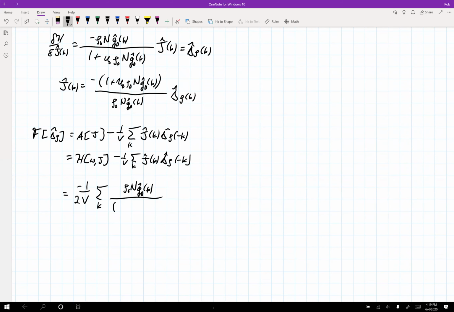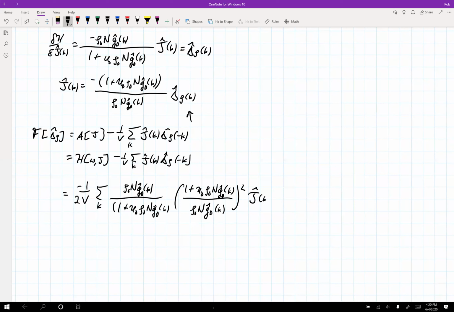This is the prefactor that we already had in the Hamiltonian, 1 plus u naught rho naught n gd hat of k. And then we had j of k times j of minus k. And now we're going to have this relationship for j of k, so we have to plug this guy in. So we're squaring it, so the minus sign is going to go away: 1 plus u naught rho naught n gd hat of k over rho naught n gd hat of k, all squared.